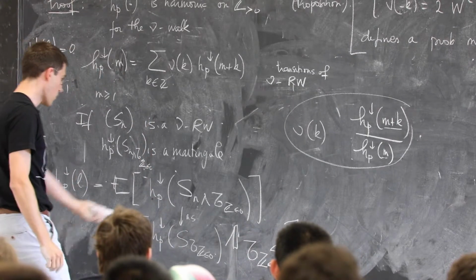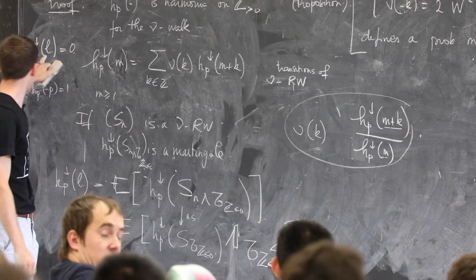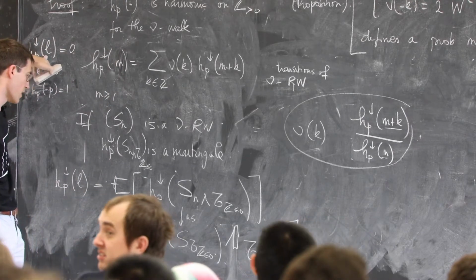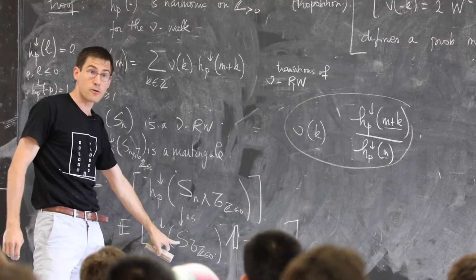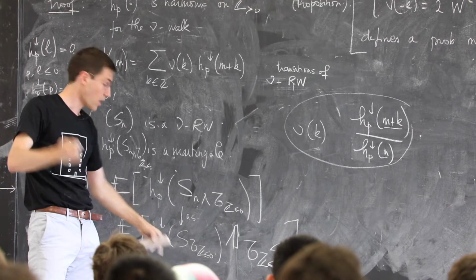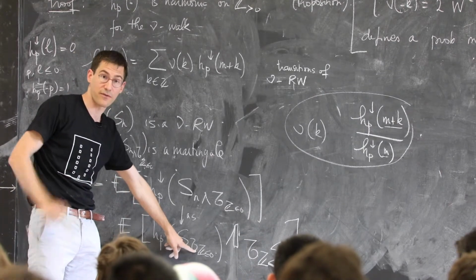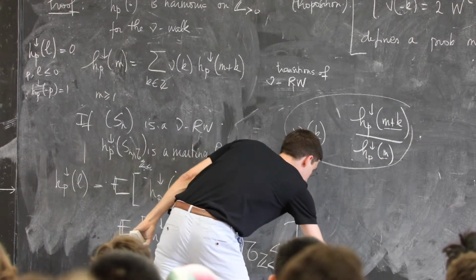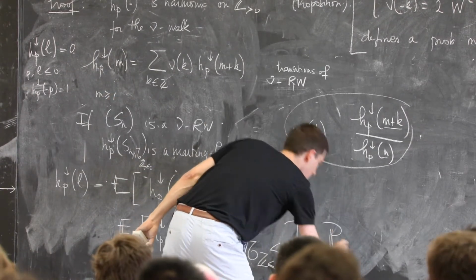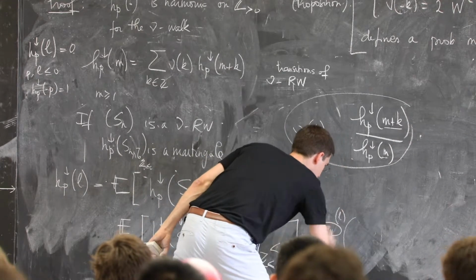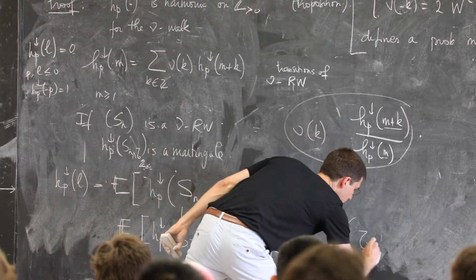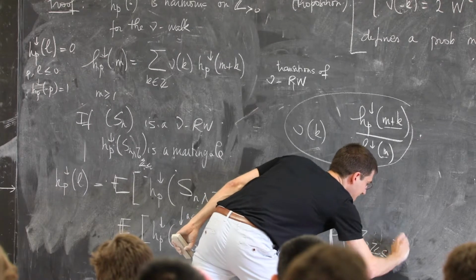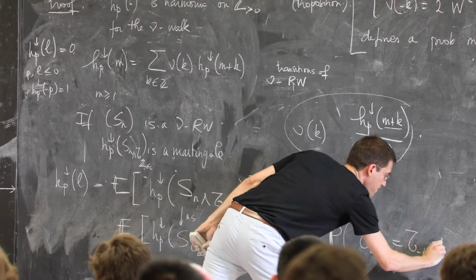Okay? And what is this? Well, with what Jean-François made me recall, this guy is actually 0 unless you enter the negative half line exactly at minus p. So that's the probability that when you start from L, you enter the negative half line exactly at minus p.